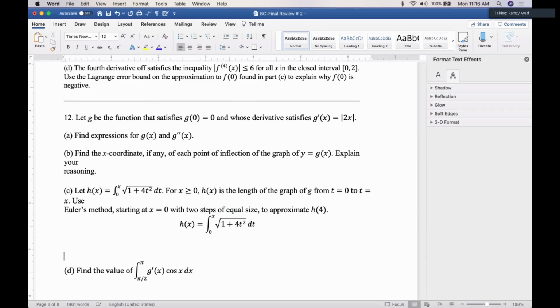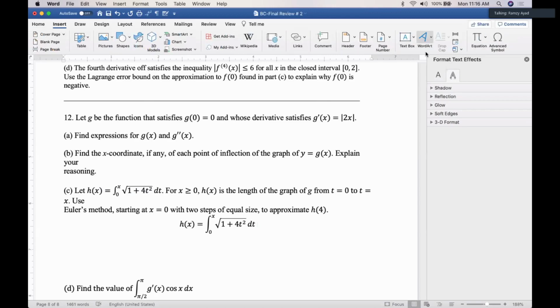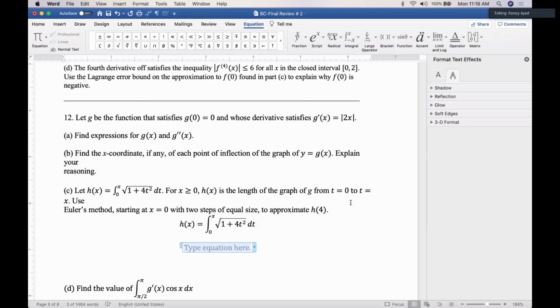So here's my thing here. I would say first, we're going to insert an equation and we say f of b equals f prime of a times delta x plus f of a, right? Okay, let's go.